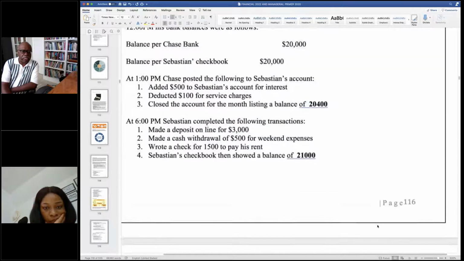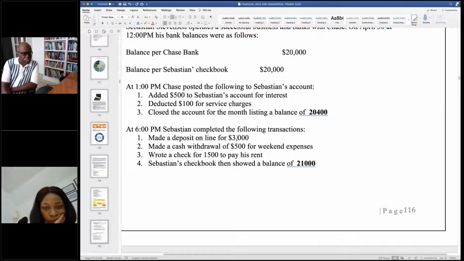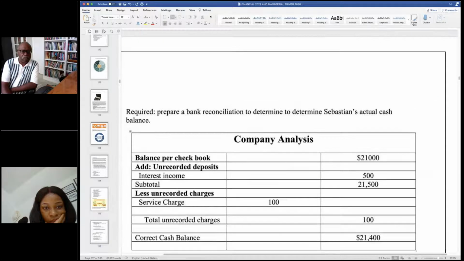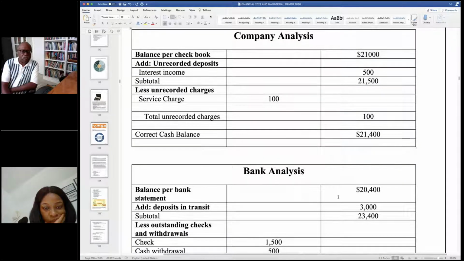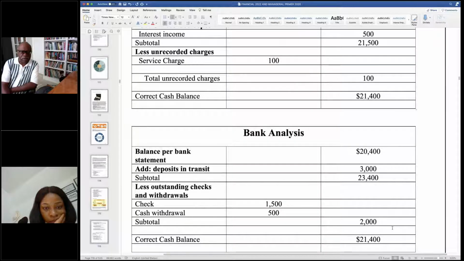Then we're going to pick up $3,000 of revenue. The bank doesn't have these two withdrawals of 500 and 1,500. So when we go to the bank analysis, we add that deposit in transit, we deduct the check and cash withdrawal, and we get 21,400. So they are both the same.